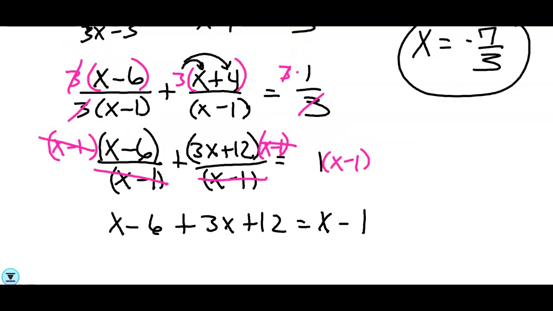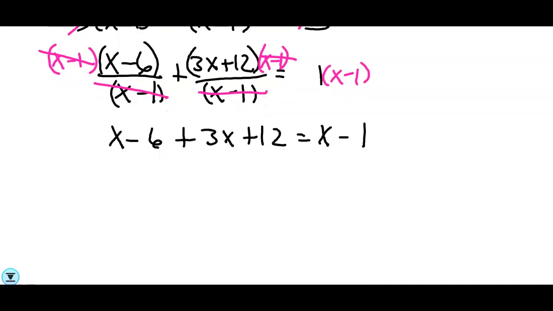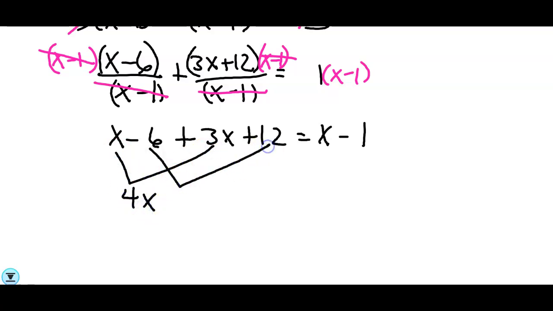Hold on a minute. Okay. Maybe it isn't 7 over 3. Oh, no, it is. We're good. Here we go. So, put these together. What's that? What's this? That's negative 6.